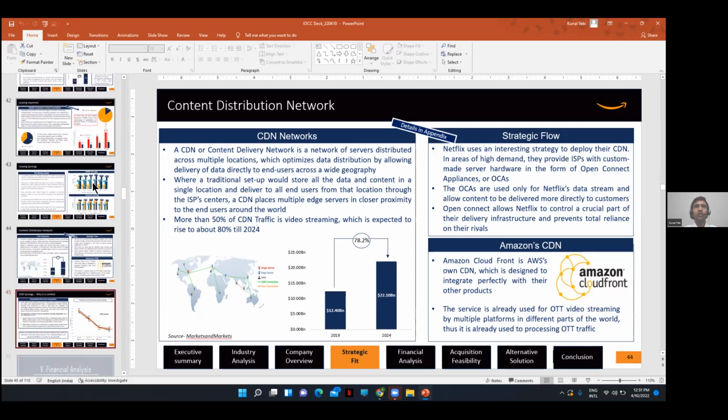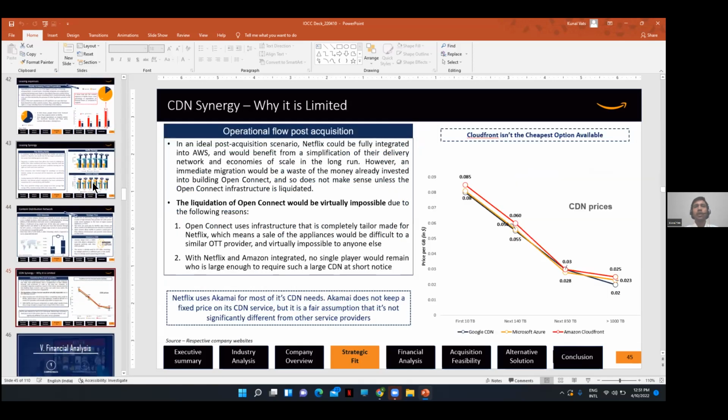Since a lot of investment has gone into Open Connect appliances, the synergies would be less. Firstly, a lot of money has gone into Open Connect, and the merger of the two entities would mean that Open Connect is deemed useless, which would be financially very destructive, in the sense that Open Connect cannot be liquidated easily. It's tailor made for Netflix, and there would not be enough buyers to buy it from the merged entity.